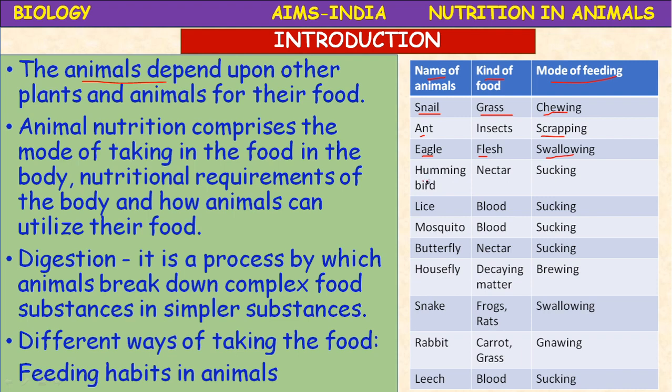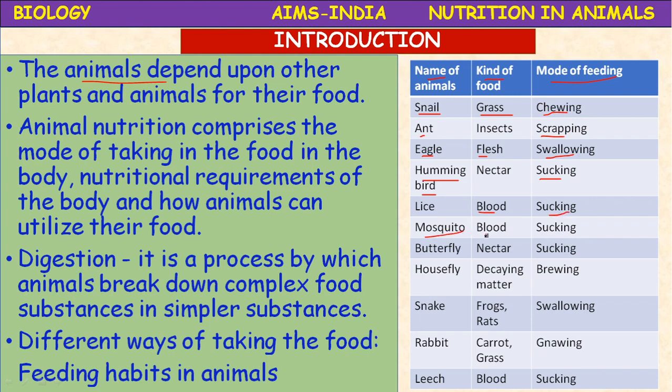Next, hummingbird. Hummingbird is a herbivorous bird. It feeds on the nectar of flowers. So the mode of feeding is sucking. Lice, or head lice, feed on the blood of vertebrates. It has sucking type of mouth part, so the mode of feeding is sucking.